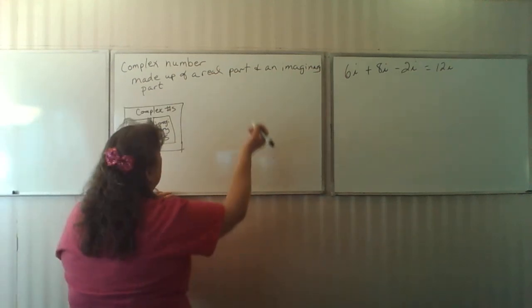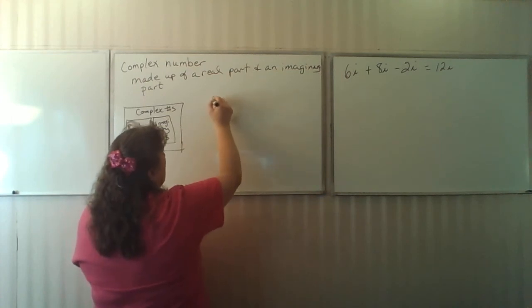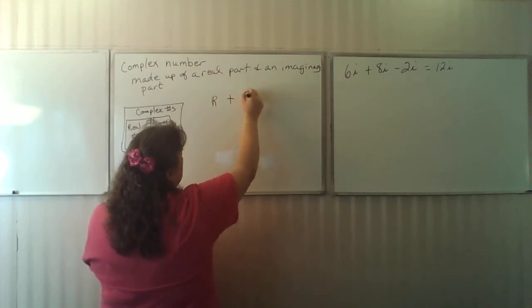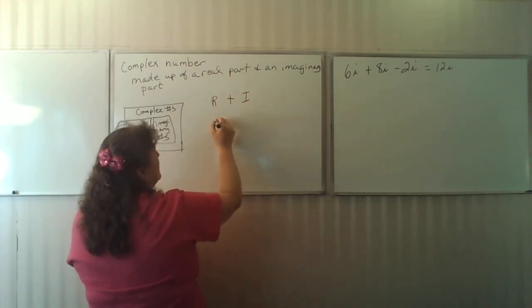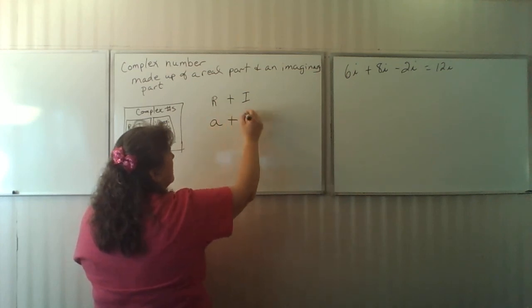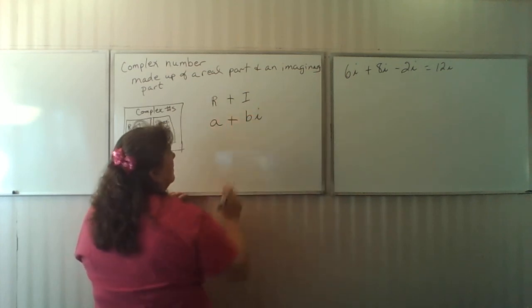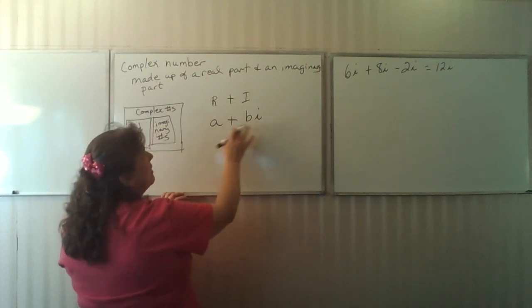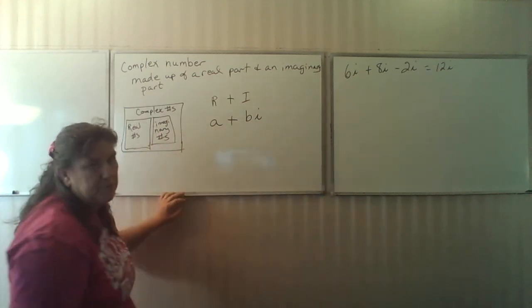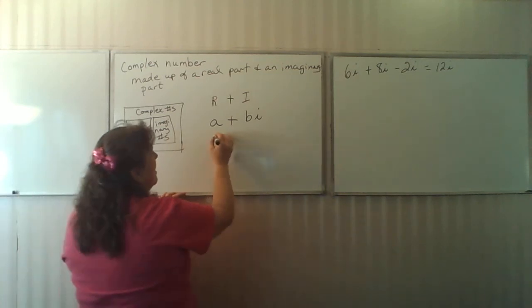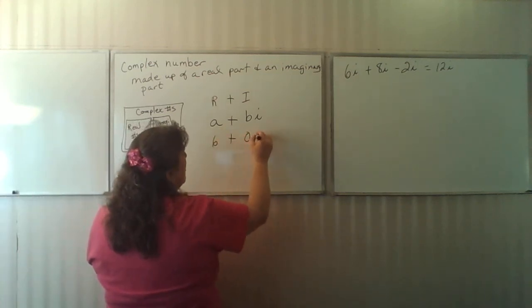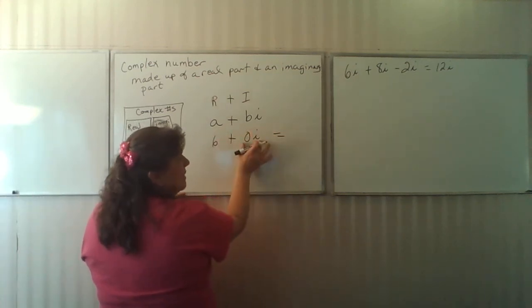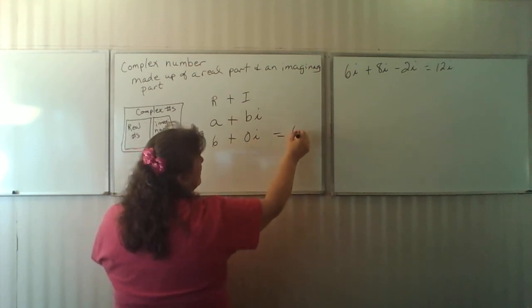So if I have my real part plus my imaginary part, it's written as a plus bi. There's your i for your imaginary; b represents a real number, and a represents a real number. So if we have 6 plus 0i, 0 times i is 0, so this is equal to 6.